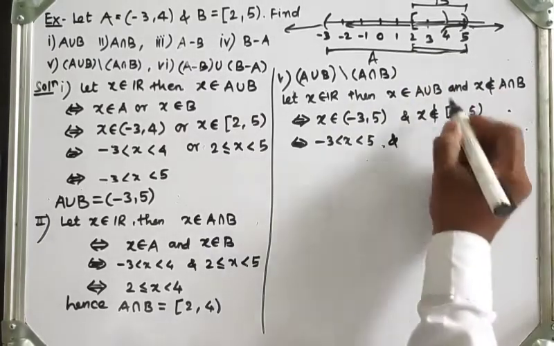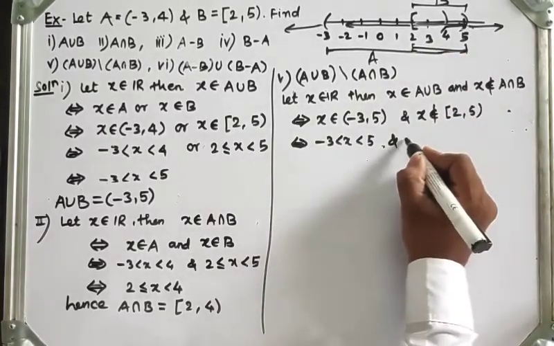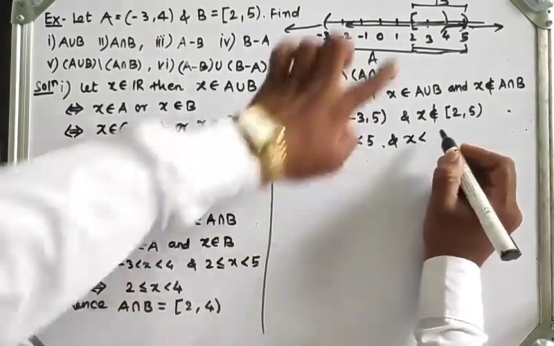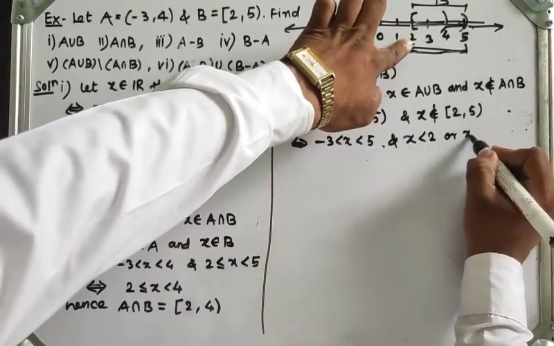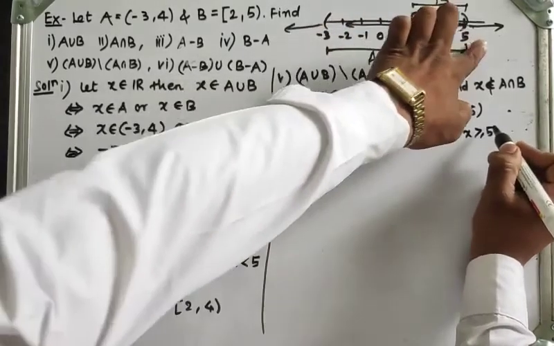That means x is strictly less than 2 or x is greater than or equal to 5.